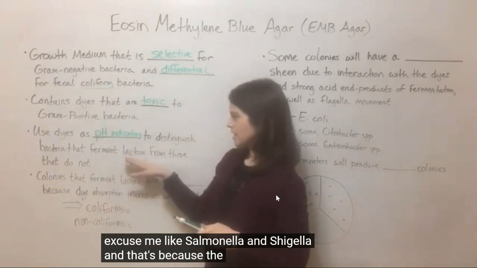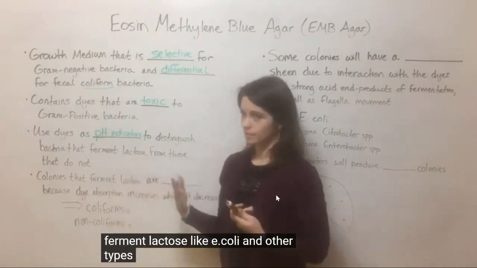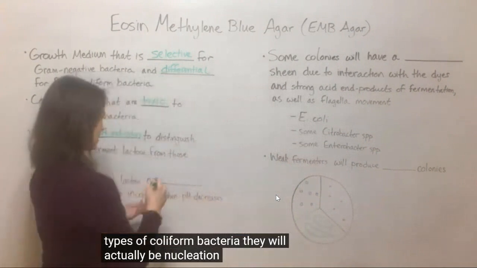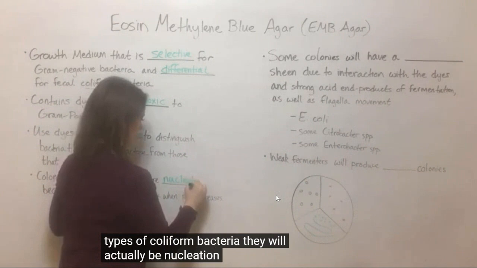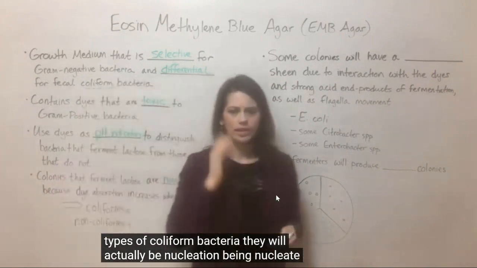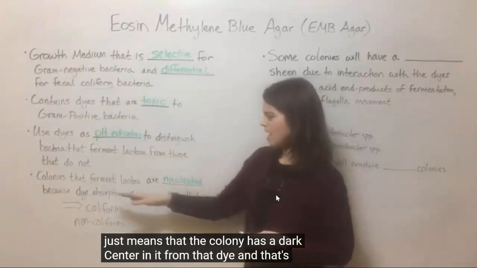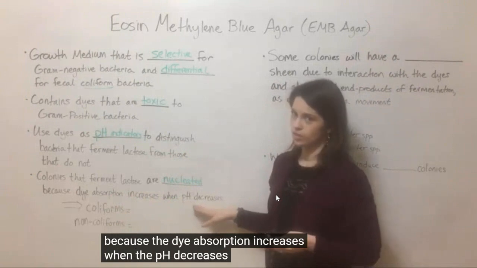That's because the colonies that do ferment lactose, like E. coli and other coliform bacteria, will actually be nucleated. Being nucleated just means that the colony has a dark center from that dye. That's because the dye absorption increases when the pH decreases.